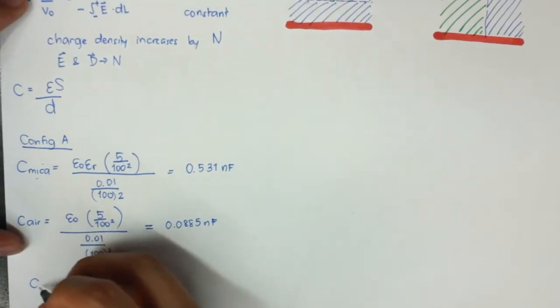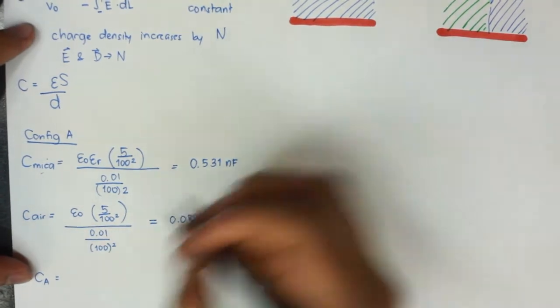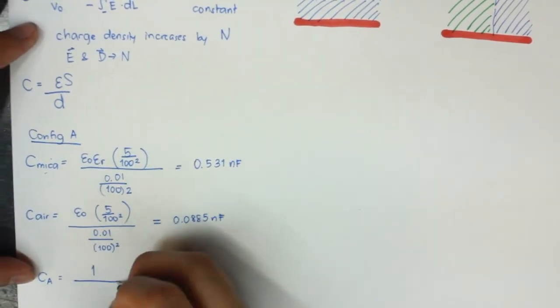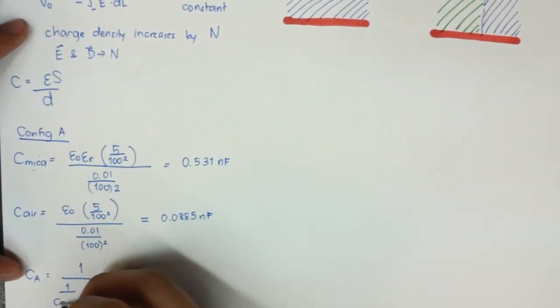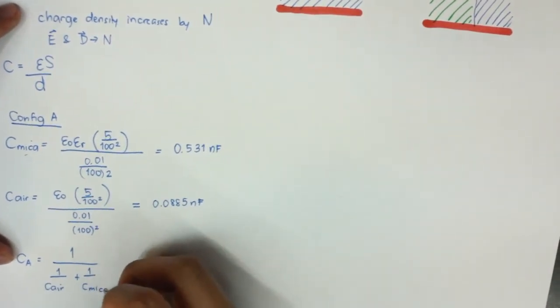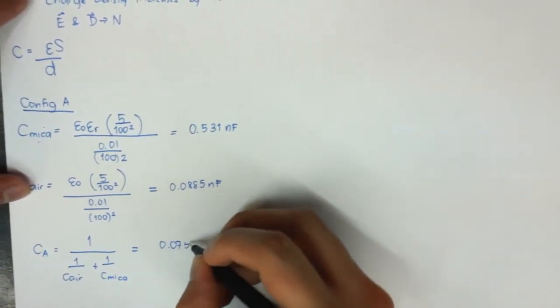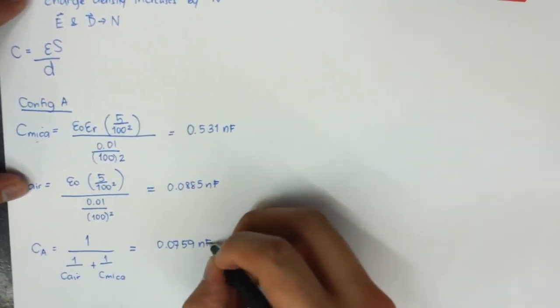And since series yan, we can tell that yung total capacitance ng configuration A is, well, the series sum ng capacitance, which gives us 0.079759 nanofarads.